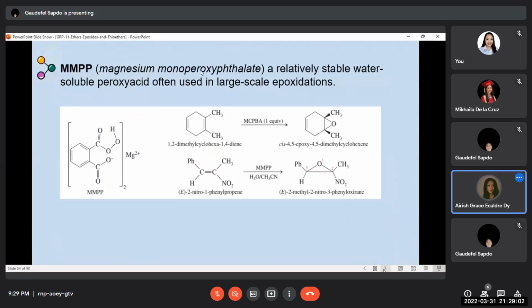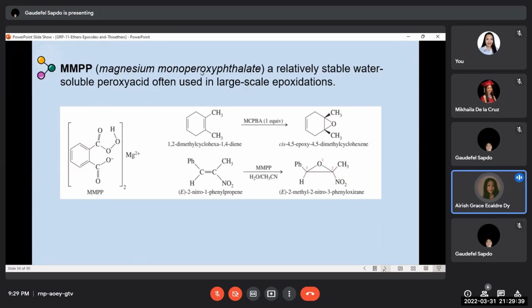The peroxy acid epoxidation is quite general with electron-rich double bonds reacting fastest. The following reactions are difficult transformations made possible by this selective stereospecific epoxidation procedure. The second example uses magnesium monoperoxyphthalate, a relatively stable water-soluble peroxy acid often used in large-scale epoxidation.